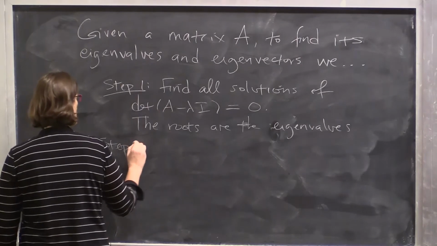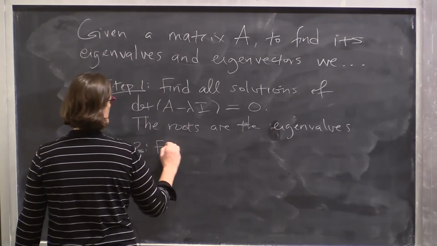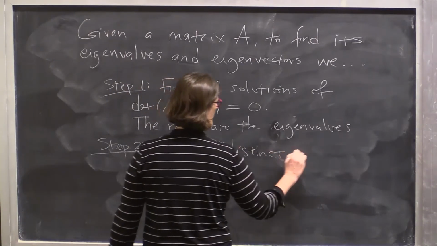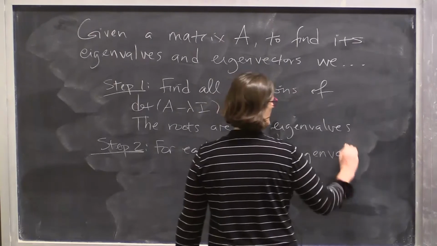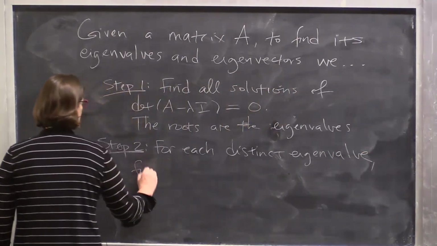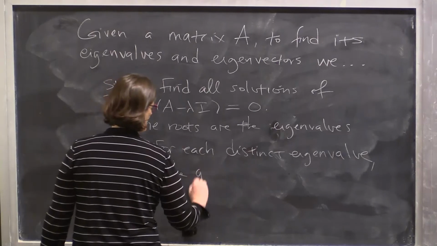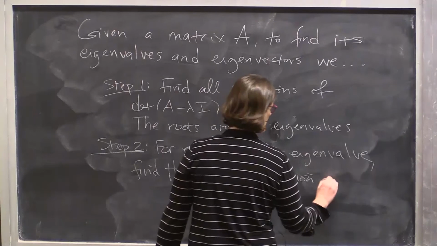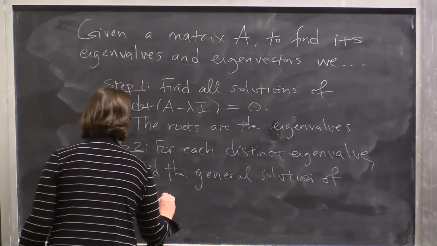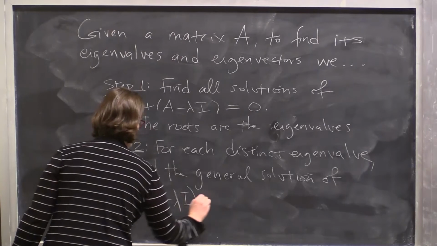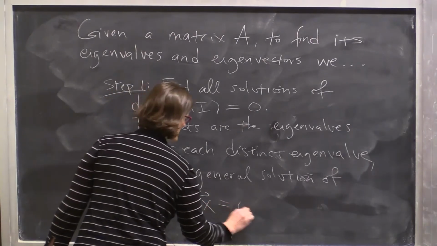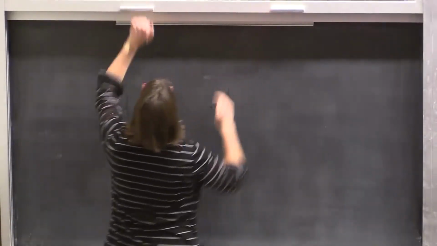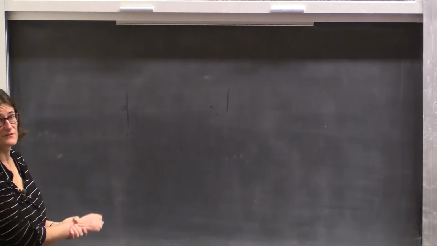Step 2, for each distinct eigenvalue, find the general solution of A minus lambda I times x is 0. And this is how we found the eigenvectors.